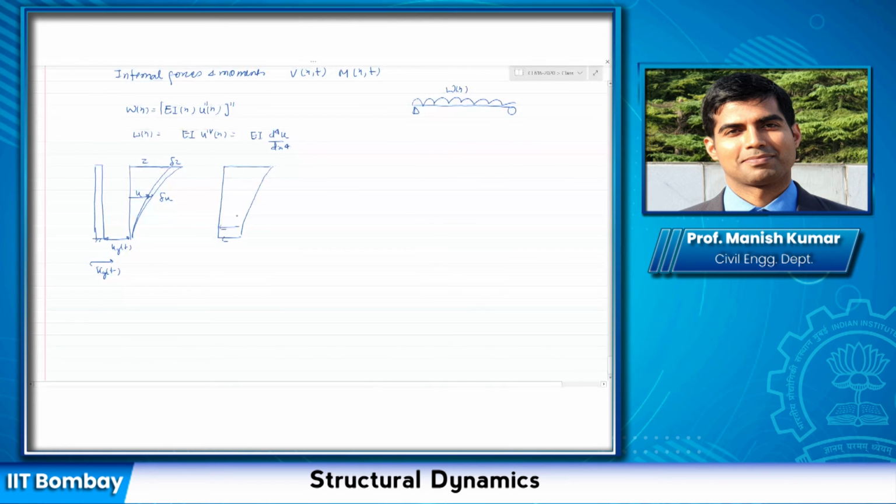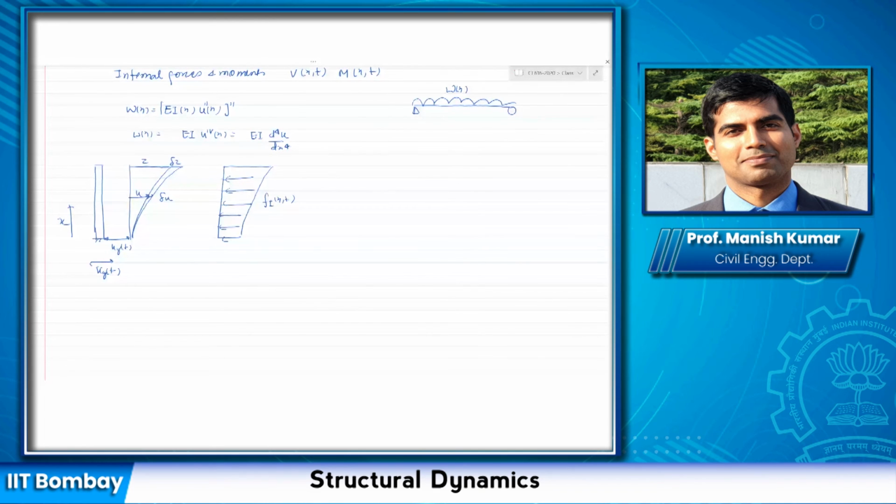We are going to use again the same principle, equivalent static force. I'm going to apply an equivalent static force, which is going to produce the same dynamic displacement in the system as what has been obtained from the dynamic analysis. I'm going to denote this equivalent static force as Fs(t).